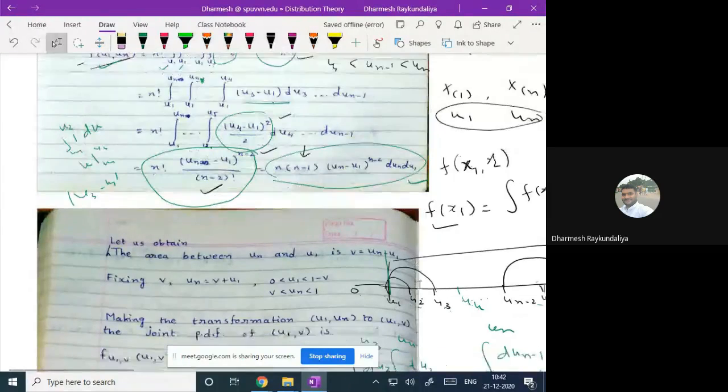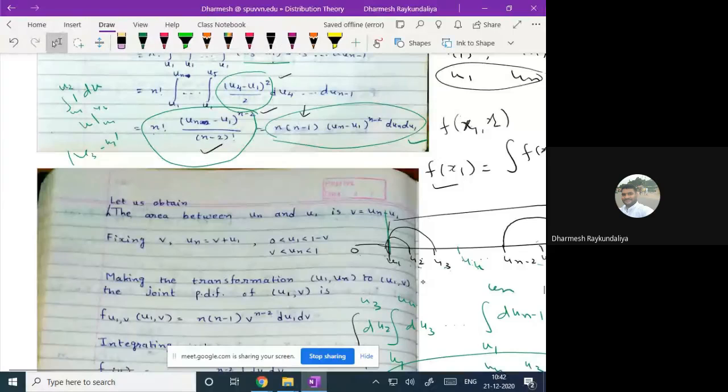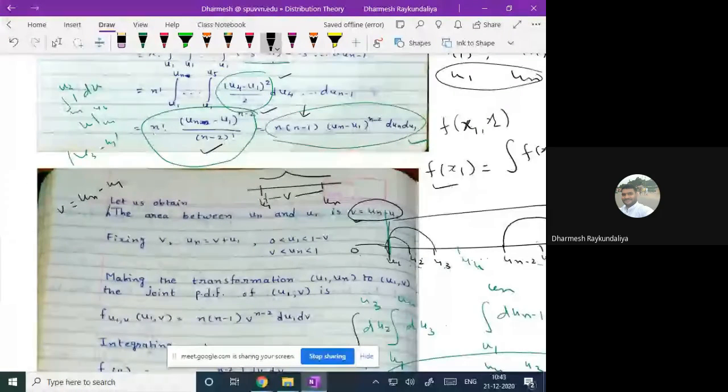Now let us obtain the area between un and u1, because I am interested in finding the area between u1 and un. I will assume that v equals un minus u1, and I am interested in the distribution of v.